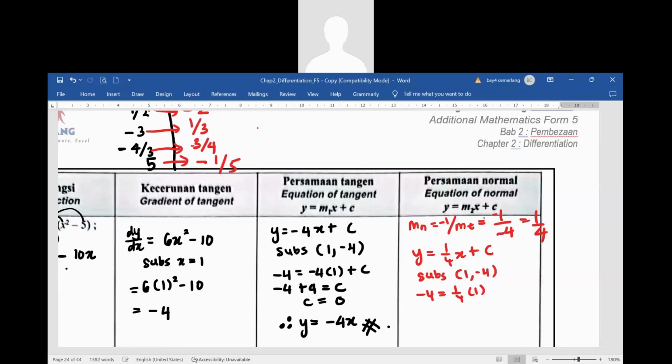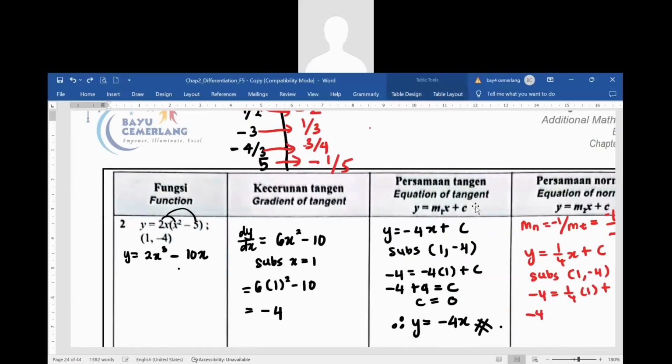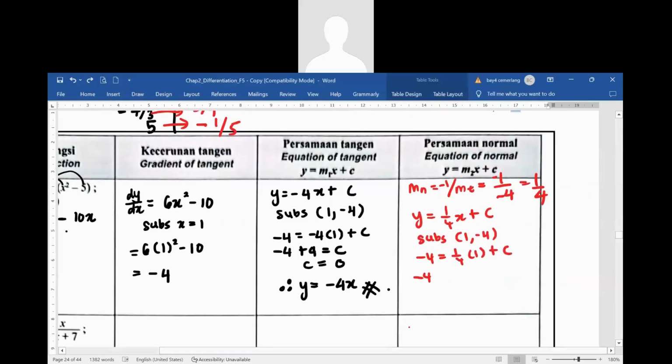Negative 4 equals 1 over 4 times 1 plus c. So negative 4 minus 1 over 4 equals c. So c will be negative 17 over 4. Therefore your answer is y = 1/4 x minus 17/4.